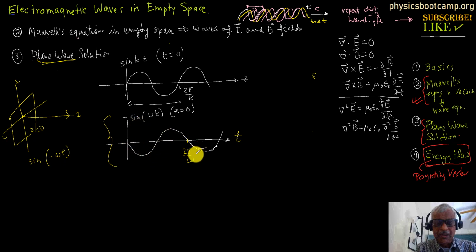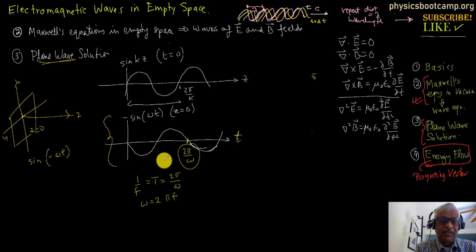You plot it, and you will see this is the time period. So the time period is 2 pi over omega, which is 1 over frequency, and so omega equals 2 pi f.